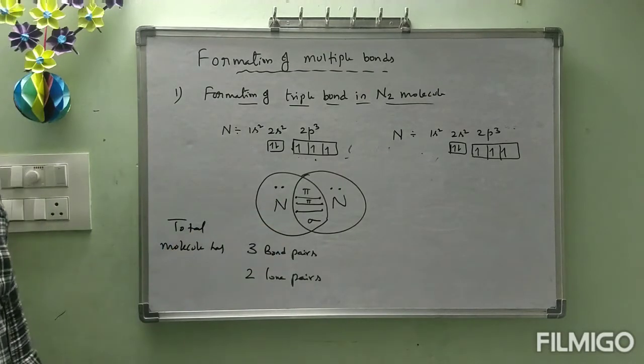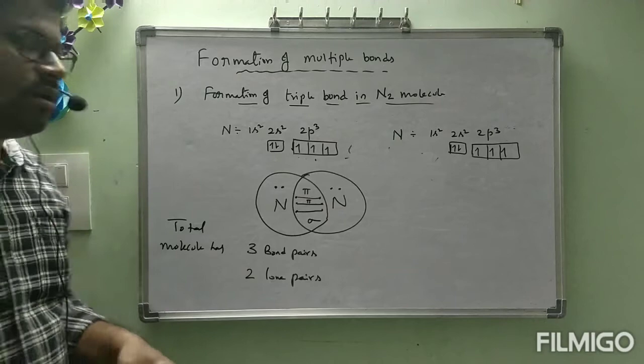In triple bond, how many sigma bonds will be present? 1 sigma bond. Remaining 2 are pi bonds. Okay, that is about this formation of triple bond in nitrogen. Next we will see formation of double bond in O2 molecule.